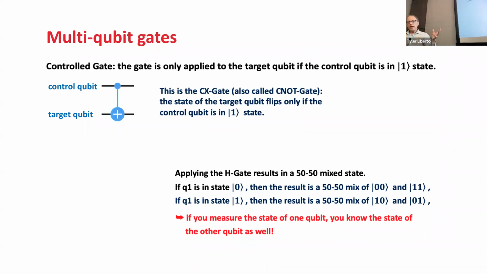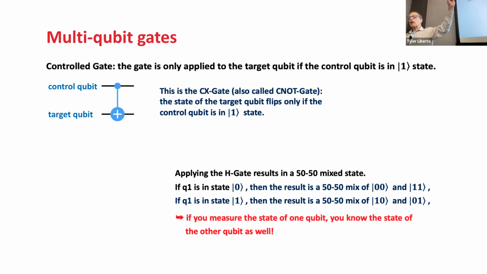So the other gates that we are using in quantum computing, the so-called multi-qubit gates, are all based on a controlled manipulation of the system. The idea behind it is simply that if one qubit is in state 1, then I manipulate the other qubit.